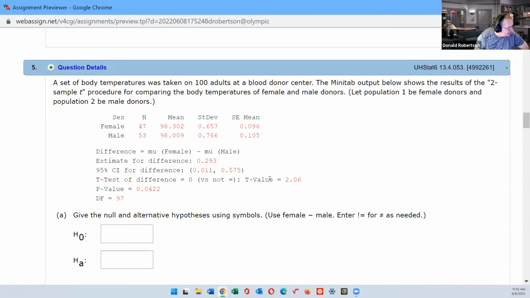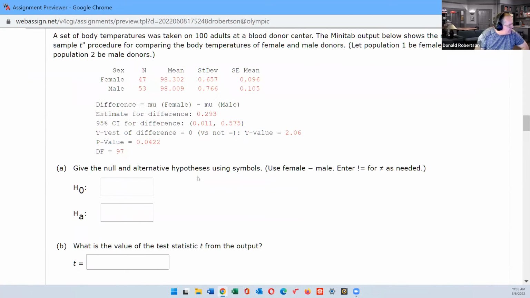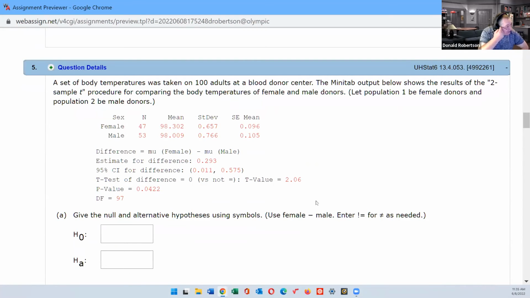The t-test that we're using has a t-value of 2.06, a p-value of about 4%, and just for giggles, they even told us what the degrees of freedom are, although half these numbers we're not going to use. Now, let's set up a null and alternate hypothesis to see if there's any evidence to prove what.